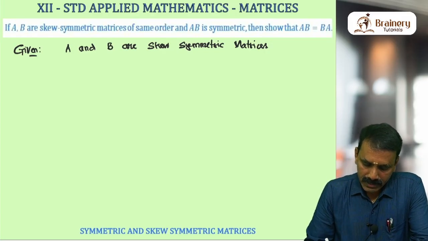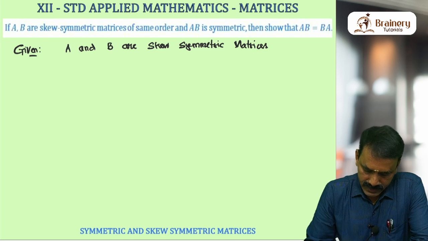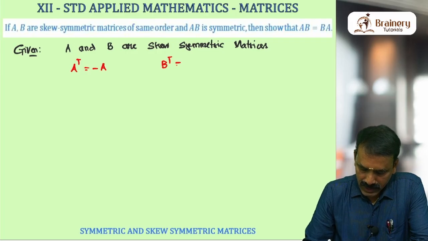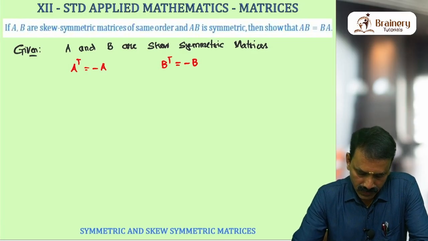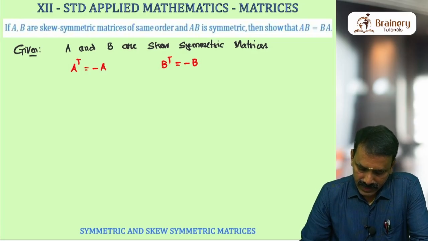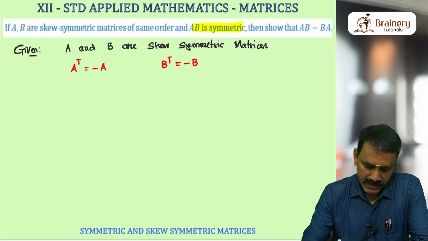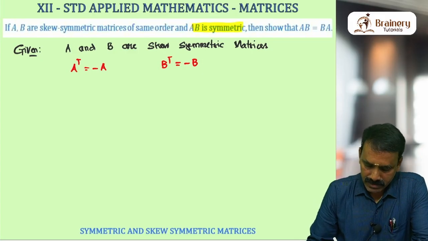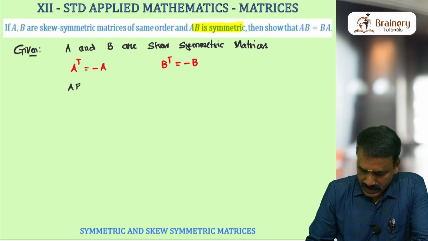What do you mean by skew symmetric matrix? A transpose is equal to minus A, B transpose is equal to minus B. And one more condition is also given. What is given? AB is symmetric matrix. AB is symmetric. It is not skew symmetric.